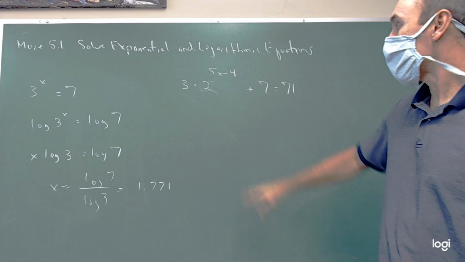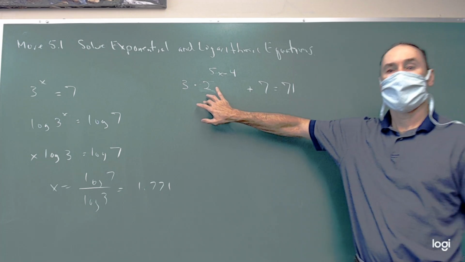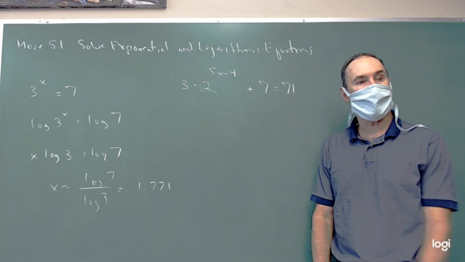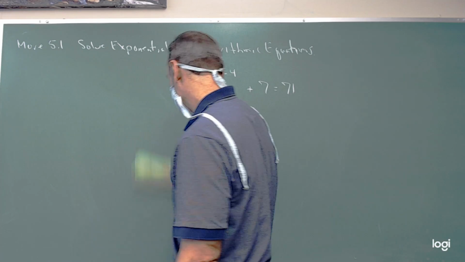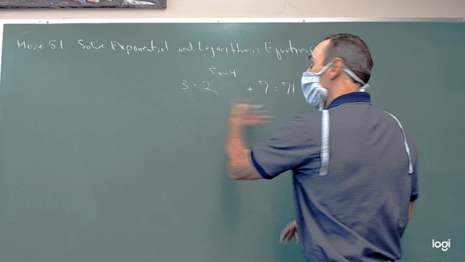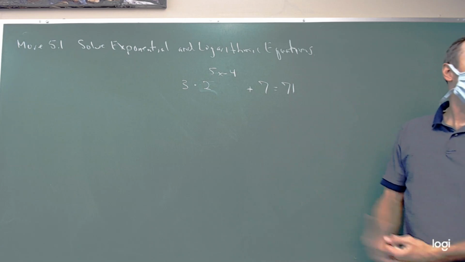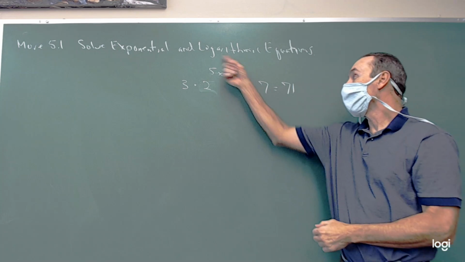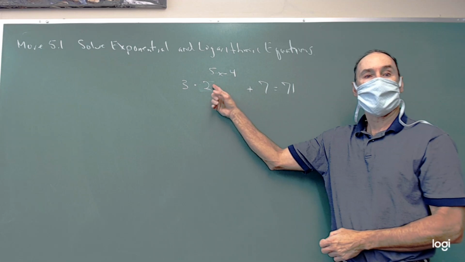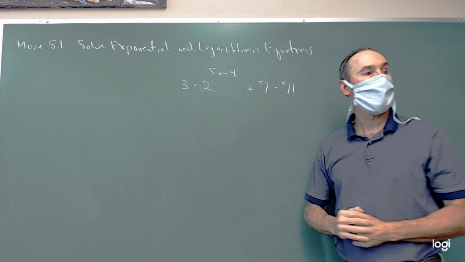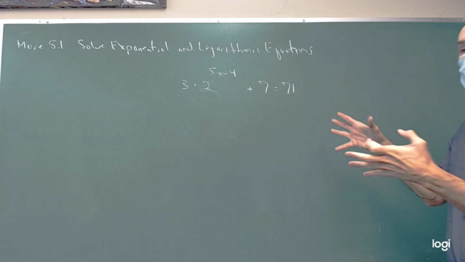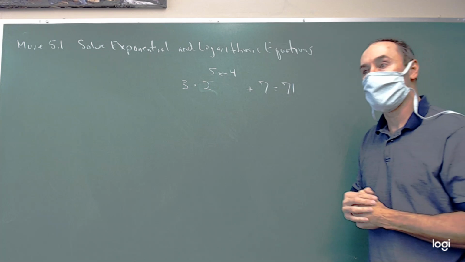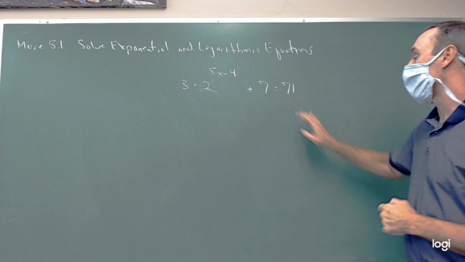So the exponential is still there, but it's kind of buried inside a bunch of other stuff. So you just have to unbury it. Right? So we have to get rid of all the other stuff, get rid of the 7, get rid of the 3. Then we can take the log of both sides. And then because our exponent has more than just x, we're still going to have to do some more unraveling there. Does that kind of make sense? But don't jump in and take the logarithm right away. That's just going to make a mess of it. So first subtract the 7.